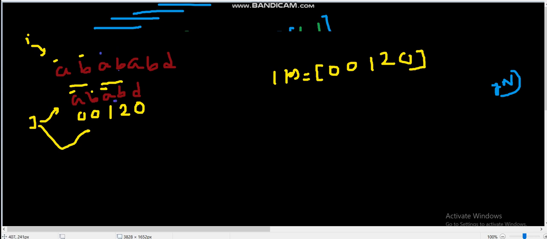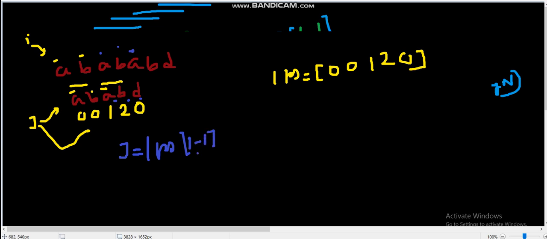Now this character and this character are also matching, so we again increment i and j. Now this character and this character are matching, so we increment i and j again. Now these are also matching, so i is now here and j is now here, but these two characters are not matching, so we'll make j equal to LPS of j minus 1.